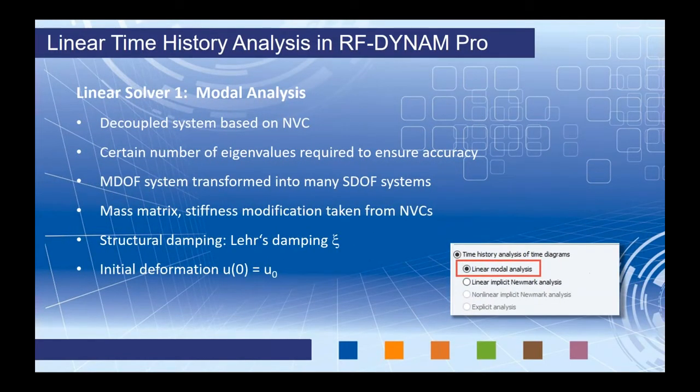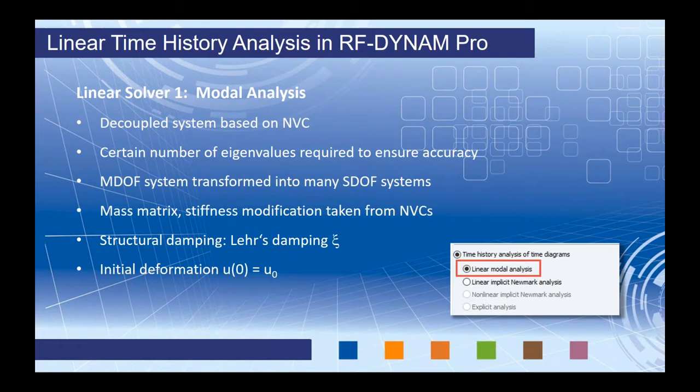To give you a little bit more detail on the solvers, we'll begin with the first linear solver, which is the modal analysis. This is a decoupled system based on the natural vibration case. Therefore, a certain number of eigenvalues are required to ensure accuracy.